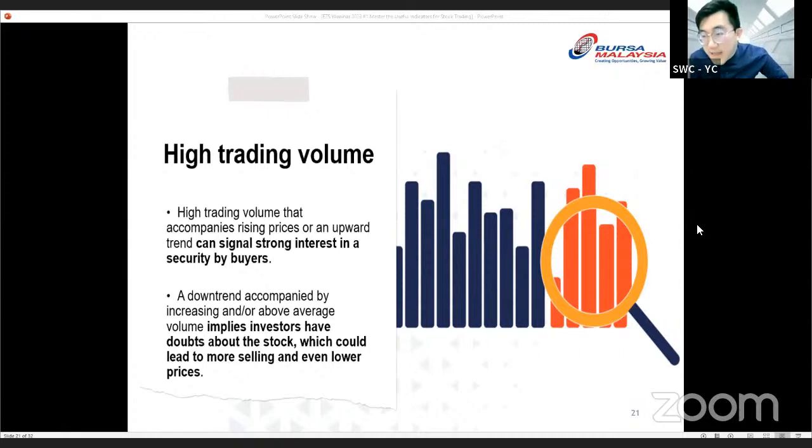People might argue, oh, hey, Mr. YC, you say the volume cannot be faked, but you see the operators, they keep switching hands, buy and sell. Yes, they might have the chance, but no matter how they make it, they still need to have money. They want to sell to themselves using other accounts, they want to buy up their own counter using other accounts, because the same account you cannot buy and sell.